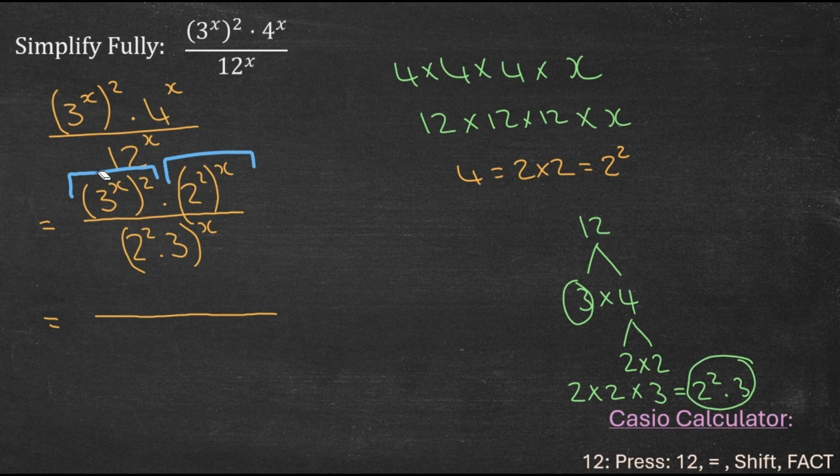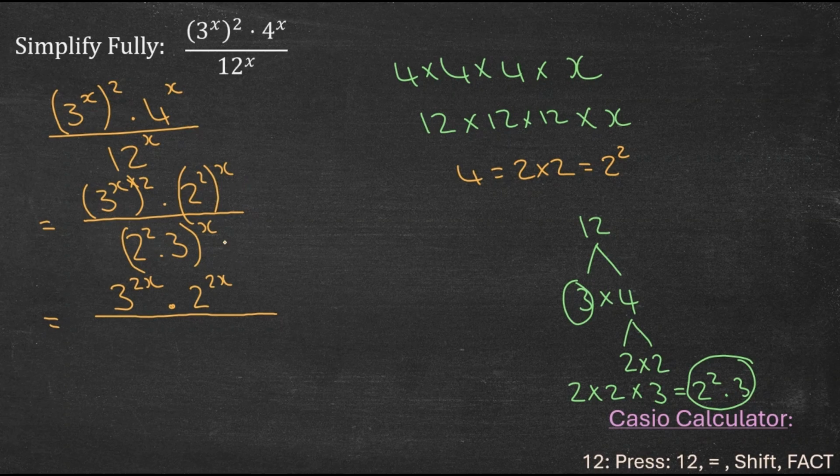Now, immediately, I can see it is a power raised to another power. So I can keep my base, and then I can multiply my exponents. x times 2 gives me 2x. Next up, we have 2 squared, all raised to the power of x. Again, I can keep my base, and I can multiply my exponents. 2 times x is 2x. Okay, the numerator is done.